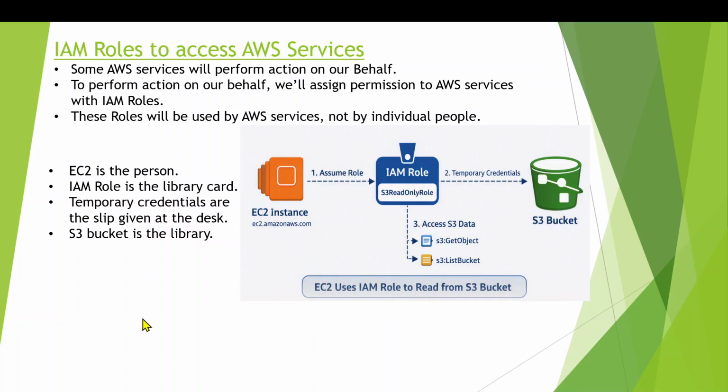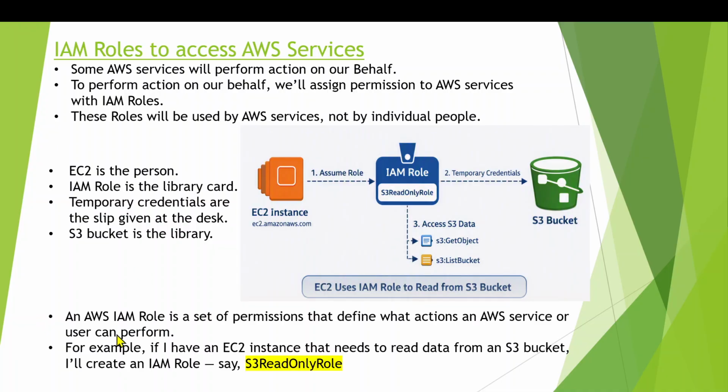So this is what an AWS role is, and we create roles to access services. Here I have also added the definition: a role is a set of permissions that defines what actions an AWS service or user can perform.